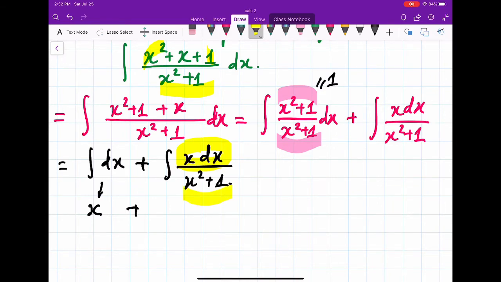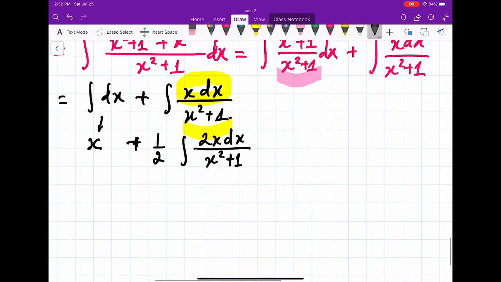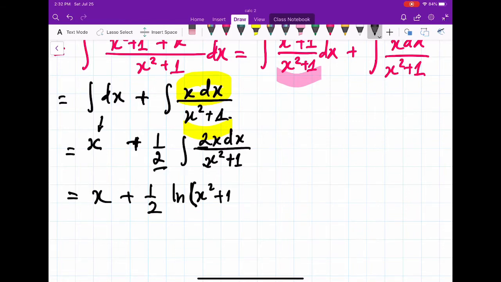I will not solve this in detail, I just write the answer. So I write here 1/2, 2x dx over x squared plus 1. I write 2 here because the derivative of x squared is 2x. So this is equal to x plus 1/2 ln of x squared plus 1 plus constant.